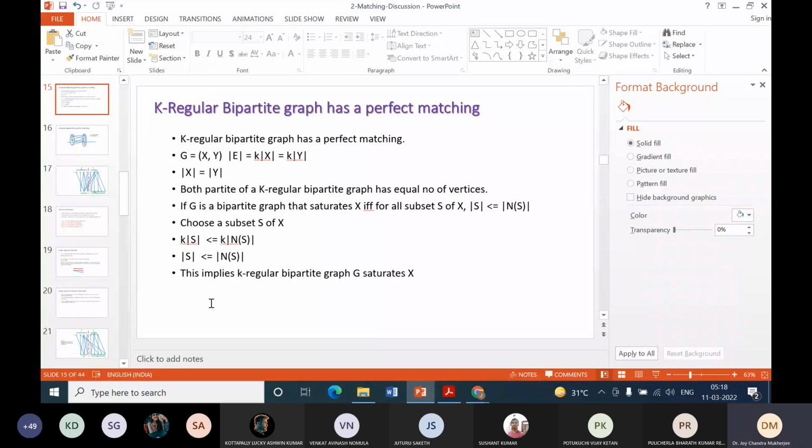Choose a subset S of X, okay? And the number of edges coming out of it is K into mod S.